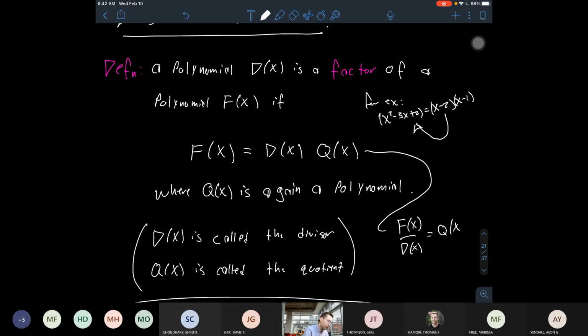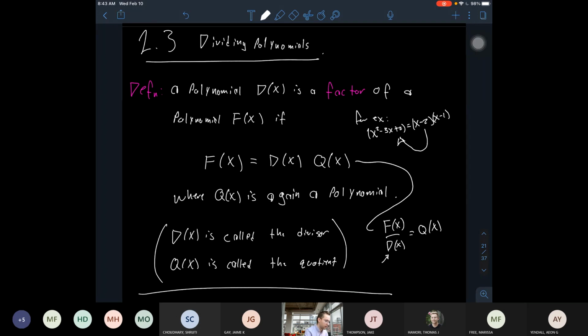And if we divide two things, the result is called a quotient. And here the numerator is going to be the dividend, and the d down in the denominator is going to be the divisor. The divisor is the thing which does the dividing. So that's the setup.